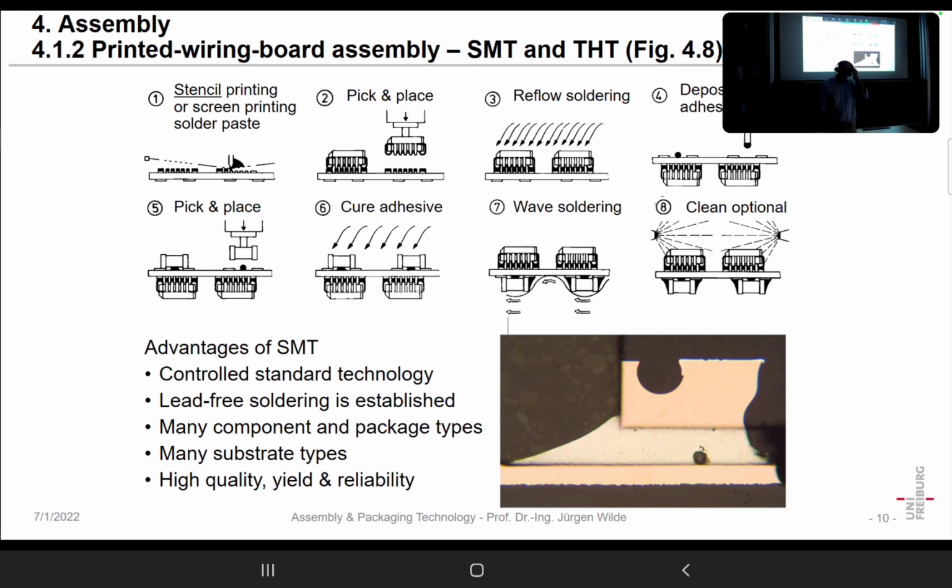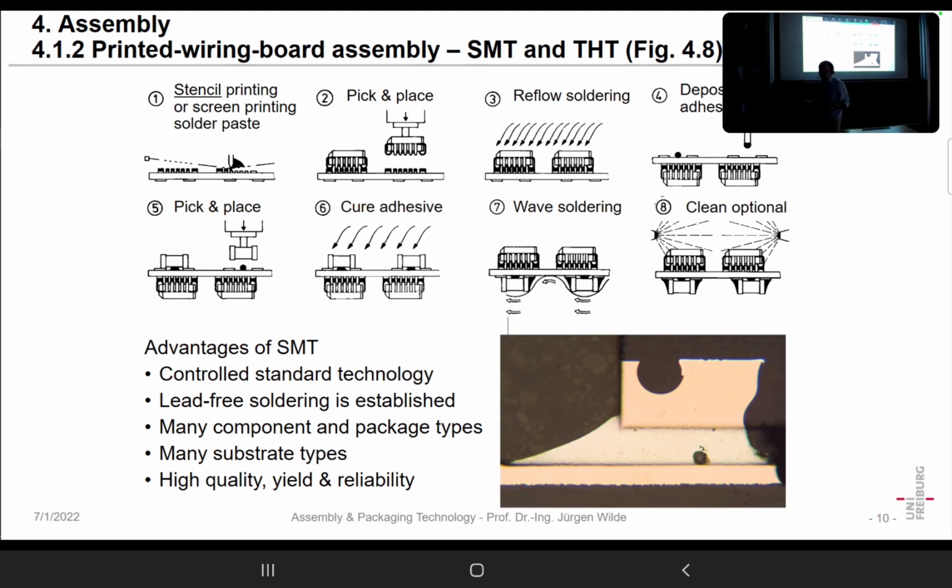But in most cases, the complete board is flipped, and the process on that side is done a second time, but with the other devices on the back side of that board.